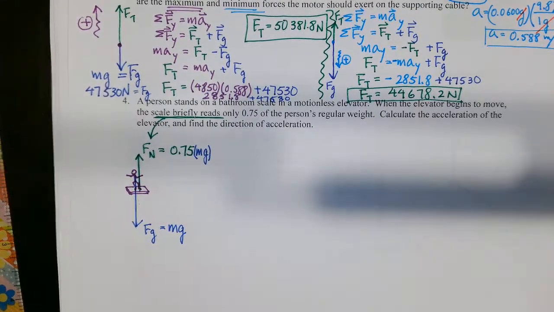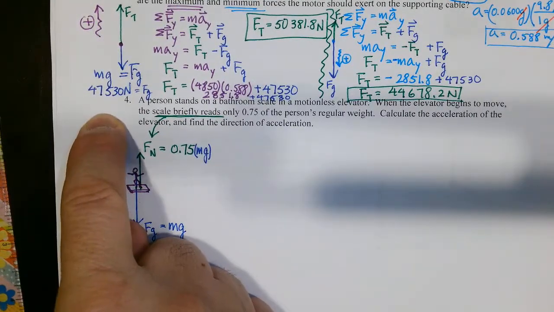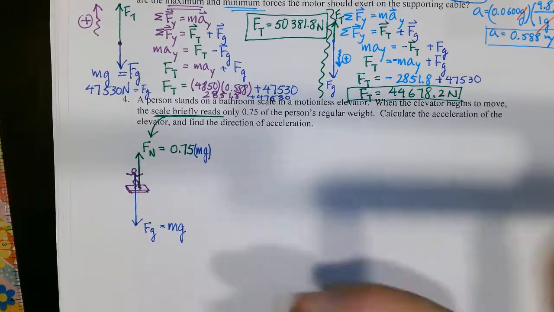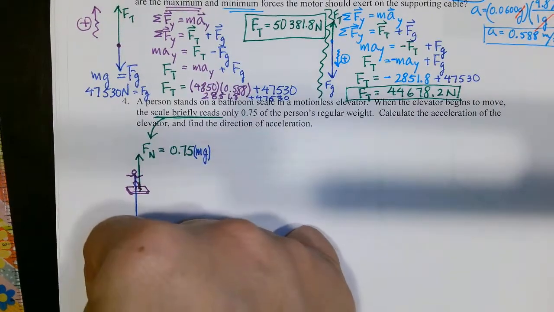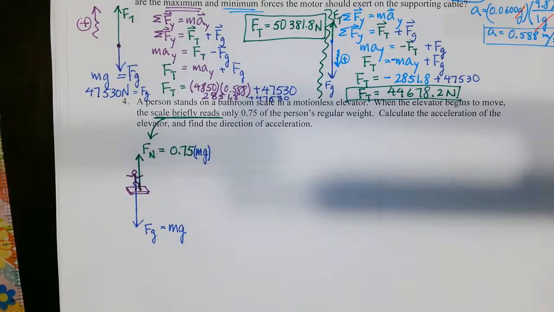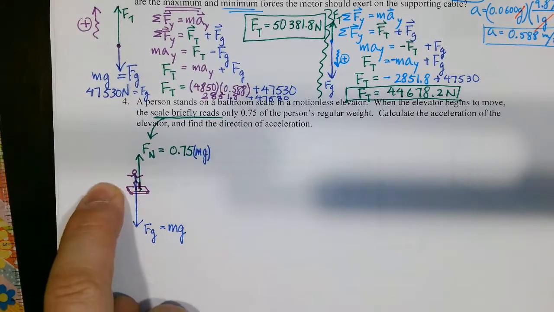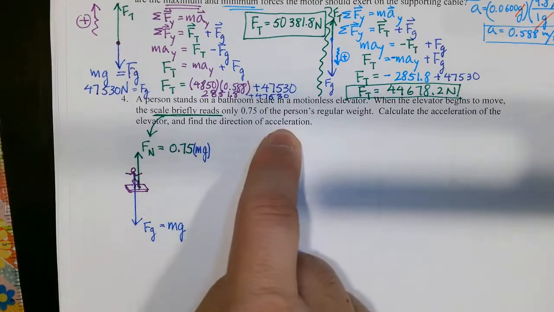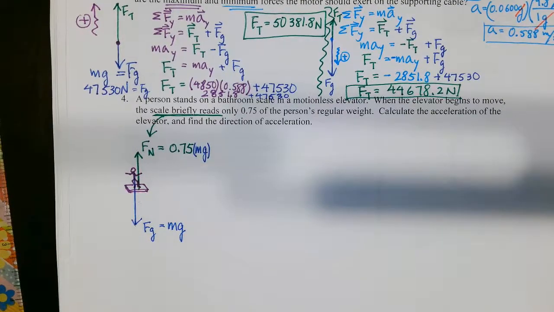But we don't know. But if we assume up to be positive, and if our answer comes out to be negative acceleration, that means the acceleration is going down. However, if we assume that this person is accelerating downwards and the answer comes out to be positive, that means we correctly assumed the right direction.